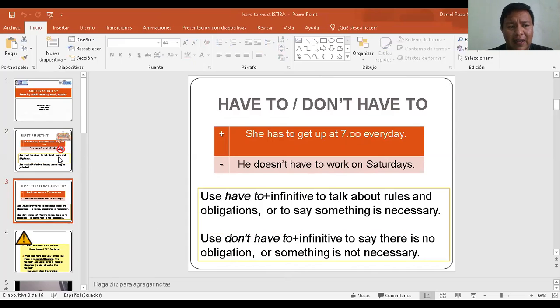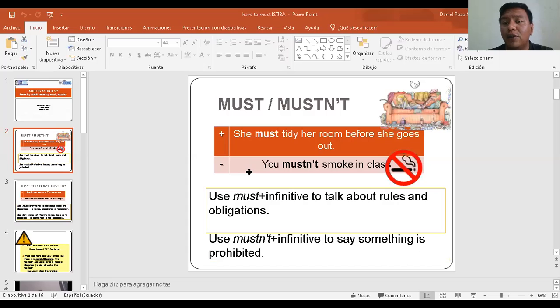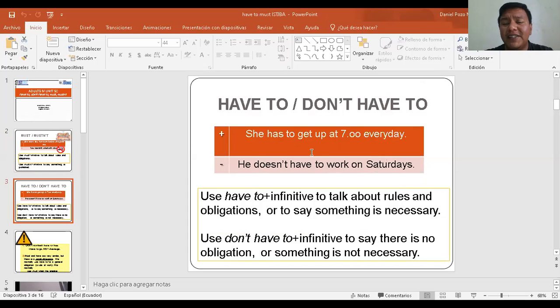Entonces, ahí viene la diferencia entre estos dos. Must, to talk about obligations, algo que tú realmente tienes que hacer, no puedes evadirlo, debes hacerlo. Have to es tienes que, entonces ese tienes da a entender, si es que quieres lo haces, si no, no.